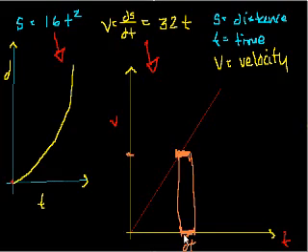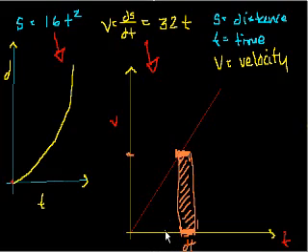If I take this change in time, which is the base of this rectangle, and multiply it times the velocity, which is the height of this rectangle, I've figured out the area of this rectangle, right? The velocity at this moment times the change in time at this moment is nothing but the area of this very skinny rectangle. Skinny and tall, right? It's almost infinitely skinny, but we're assuming for these purposes it has some very notional amount of width. So there we figured out the area of this column.